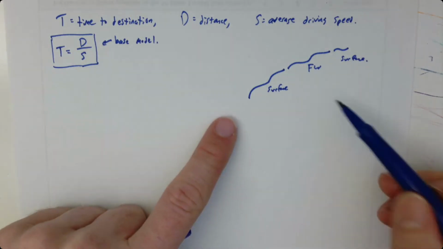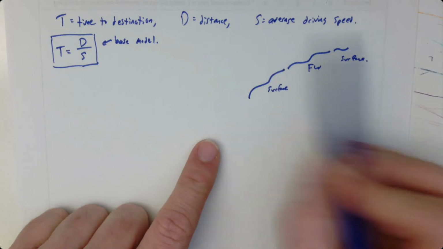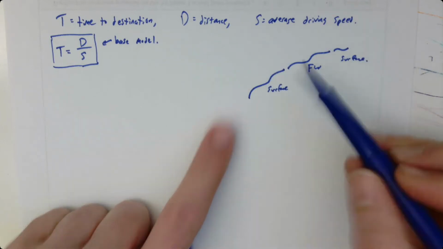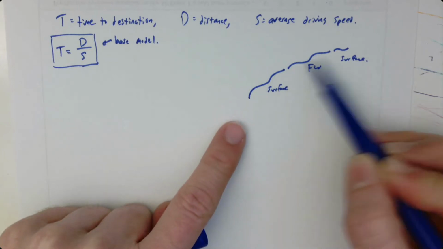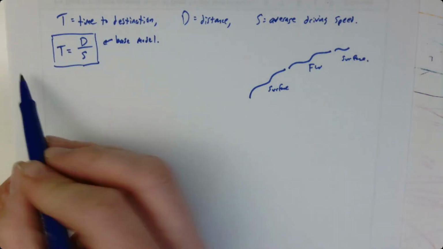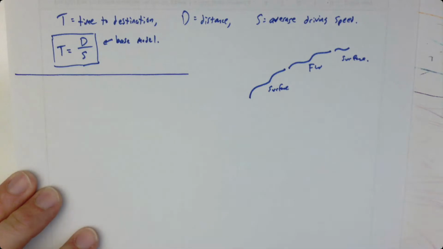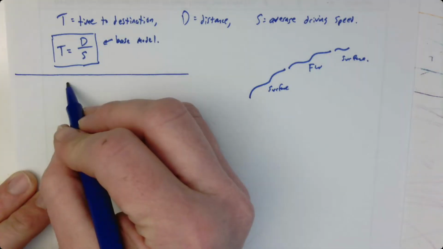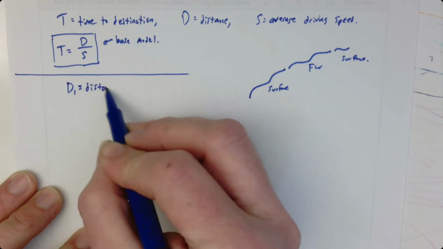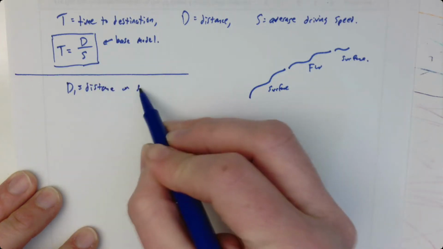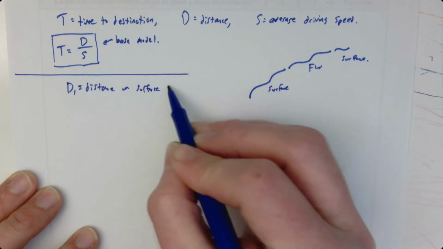So a more accurate model wouldn't just have our overall average driving speed. We'd have one average driving speed for surface streets and a different average driving speed for freeway. So a more complex model might be something like this. We'd say D1 equals distance on surface streets.